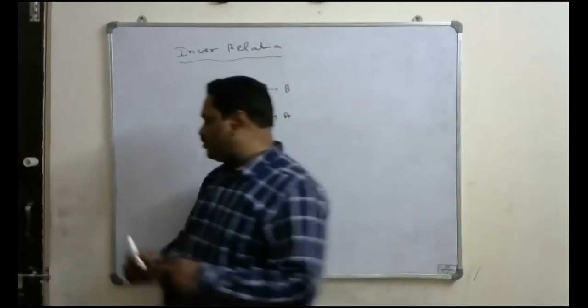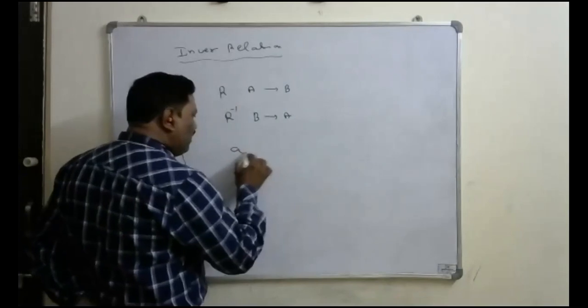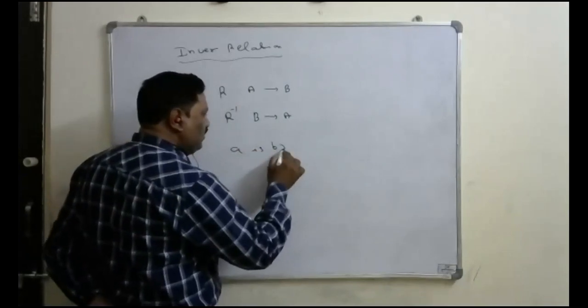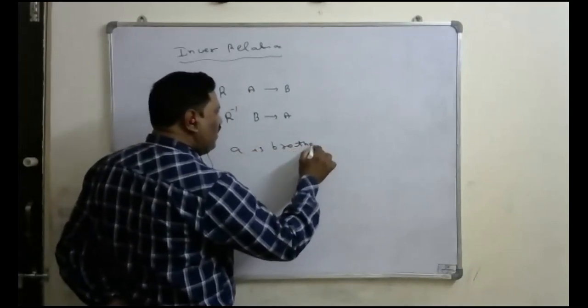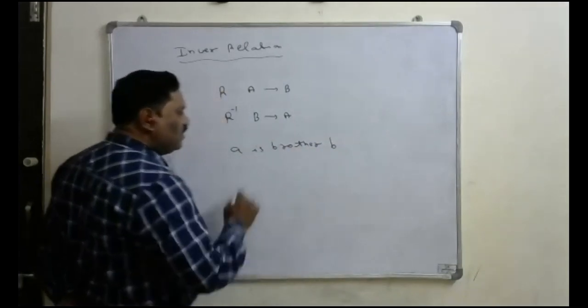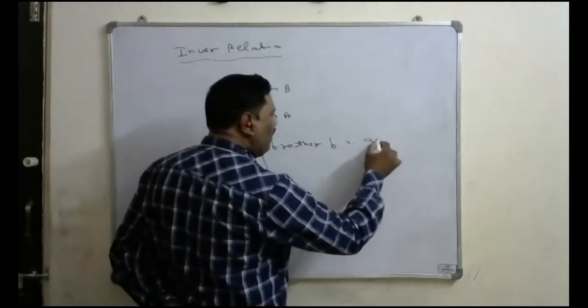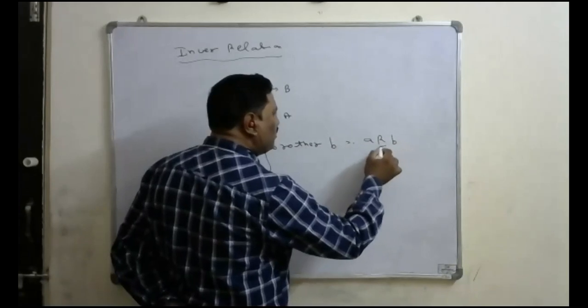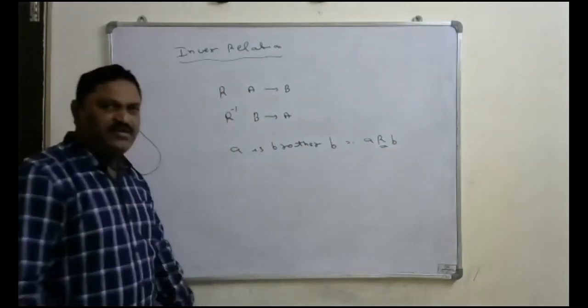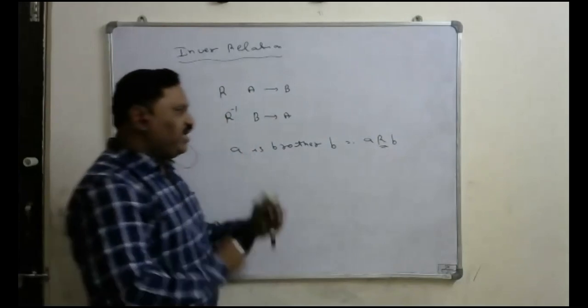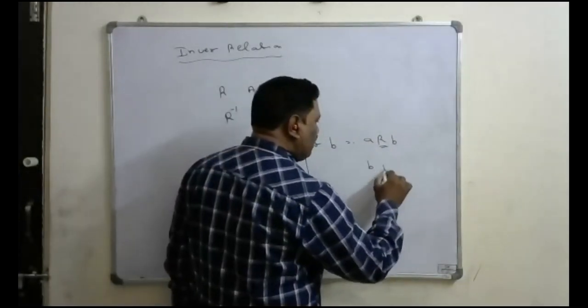Suppose A is the brother of B, that means this is, you can call it as (a, b). Here the relation is the brother relation. Then the relation from B to A is called its inverse relation.